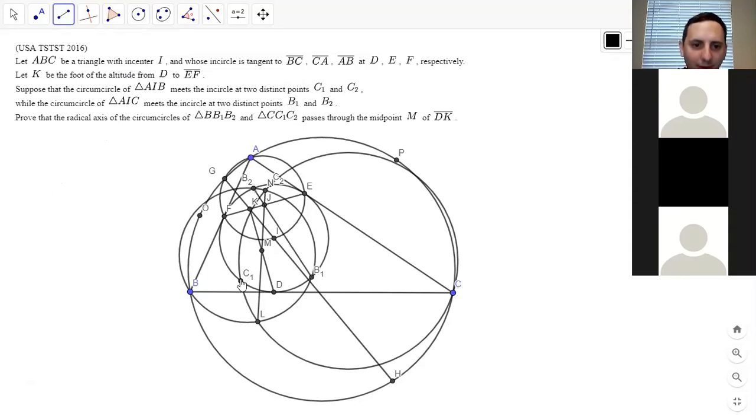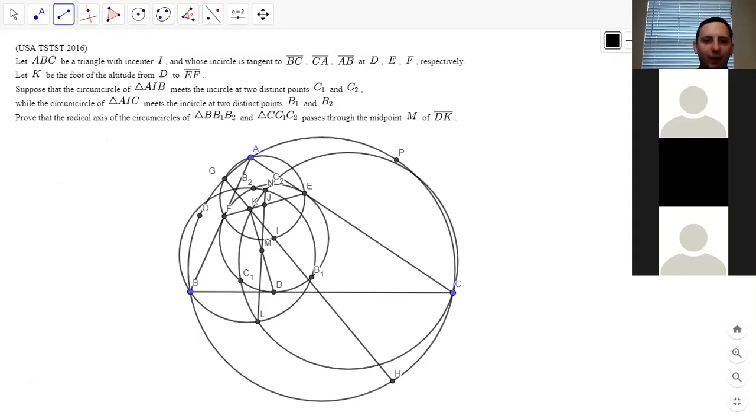Ah, interesting. So really we want to show that B1, J, and B2 are collinear. That would actually prove that J is on the radical axis.